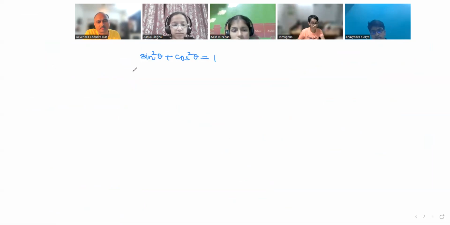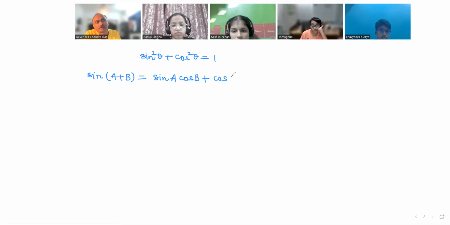Yes, all of us are aware of this. Now remember, if an angle is denoted as a summation of two different values, sine of A plus B, we can expand it like this. It's sin A cos B, cos A sin B. This identity you have to memorize, that is your job. Sin A plus B is sin A cos B plus cos A sin B. Cos A plus B is, wait a second before that, here there will be minus, so here it becomes minus.